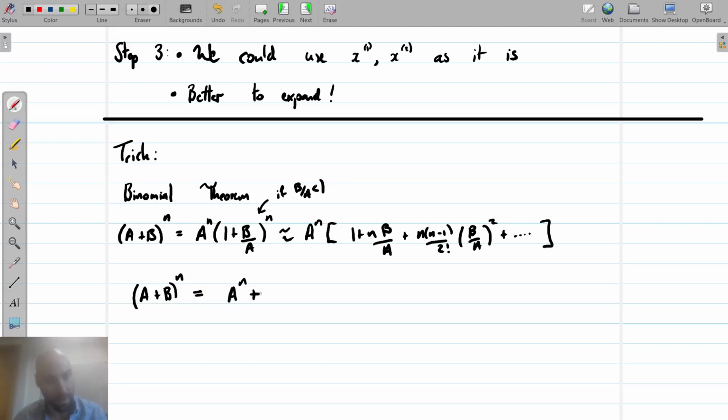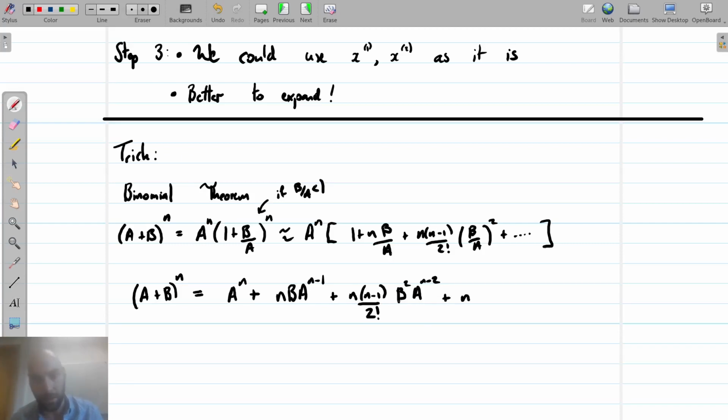Is a to the n plus n b a to the n minus 1, plus n into n minus 1 over 2 factorial b squared a to the n minus 2. So notice here that my powers are always adding up to n.